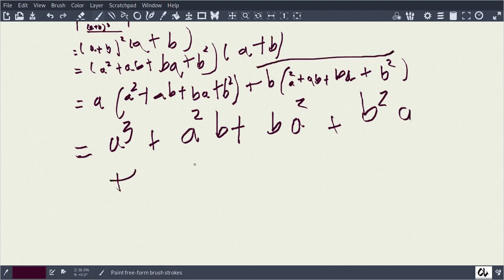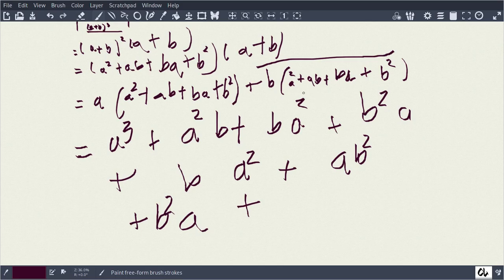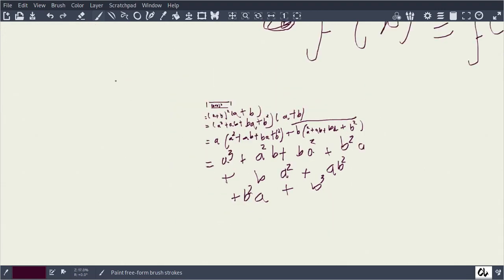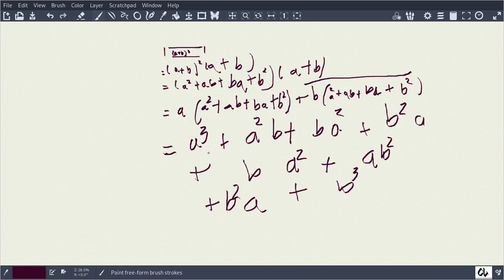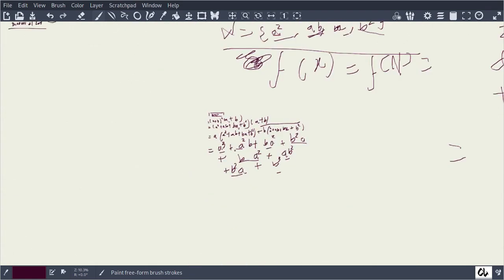So this is going to be b a raised to 2 plus a b raised to 2 plus b raised to 2 a plus b raised to 2 a plus b raised to 3. I did this so that we can understand a bit more about what's going on. Now after this is done, let's get into the real proof.